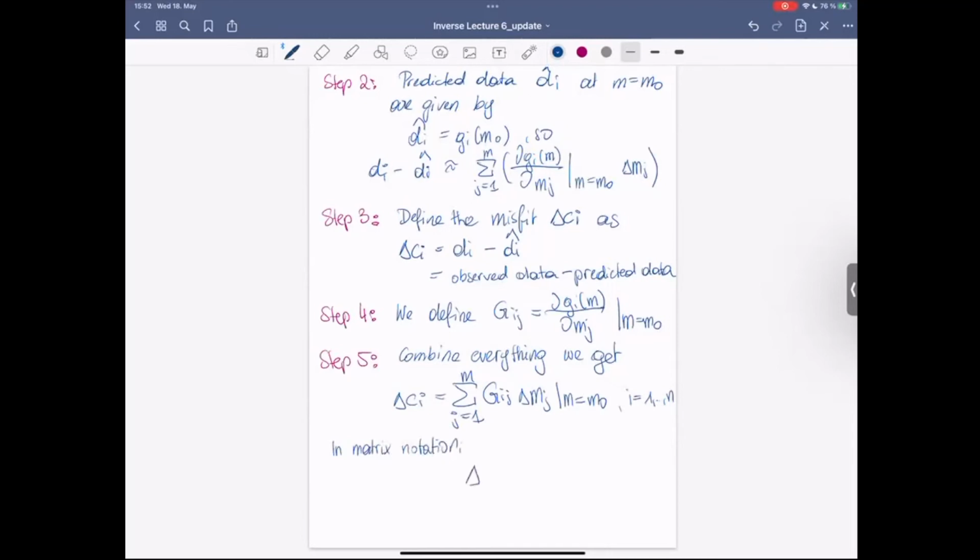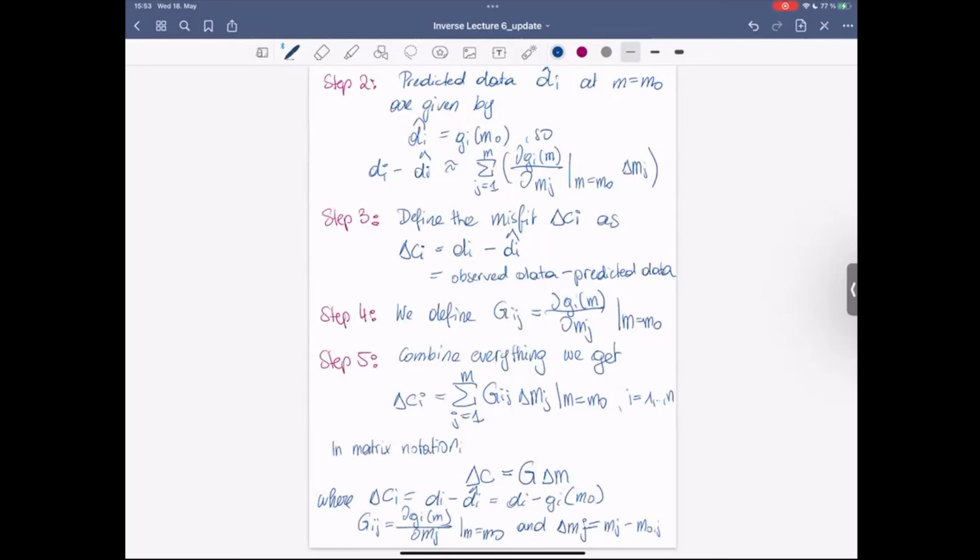We actually have nothing else than delta c equals g times delta m, where delta ci equals di minus di hat equals di minus gi evaluated at m0, Gij equals first order derivative of gi of m with respect to mj evaluated at m equals m0, and delta mj equals mj minus m0j.